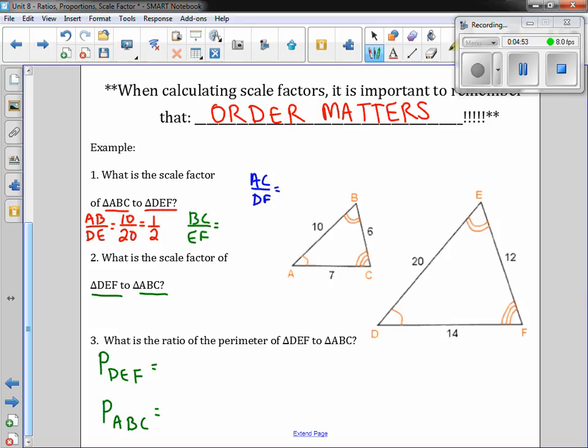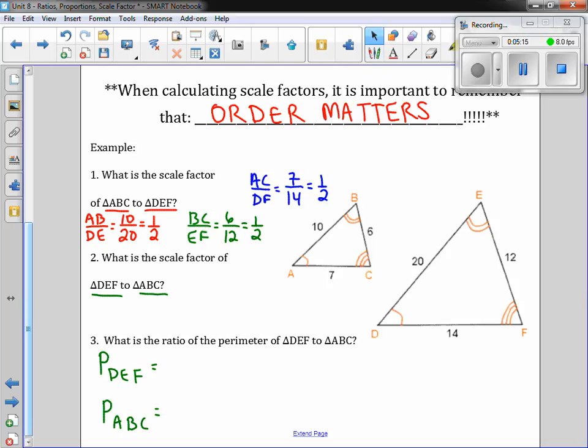When looking at the scale factor, we want to make sure that all sides are the same. So BC is 6, and EF is 12, which simplifies to 1/2 as well. And lastly, AC, which is 7, compares to DF, which is 14, which gives me a scale factor of 1/2.